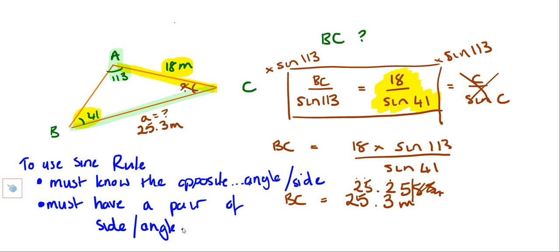Right. So what you can do now, before we have a go at cosine rule, is look at exercise 29C.1 and probably 29C.2. Let's have a look, page 588. What you need to do is use sine rule.